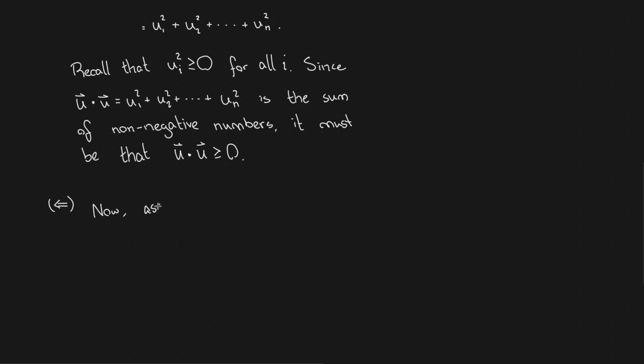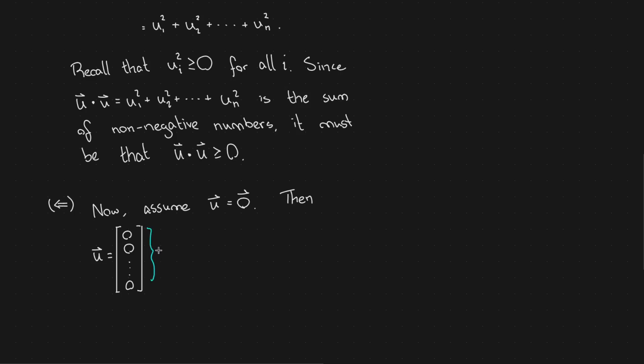Now, assume vector u is the 0 vector. What does it mean to be the 0 vector? It means it is the vector with all 0 components. So notice again, I'm going to the definition. What's the definition of being the 0 vector? It means it's a vector where every component in the vector is 0.